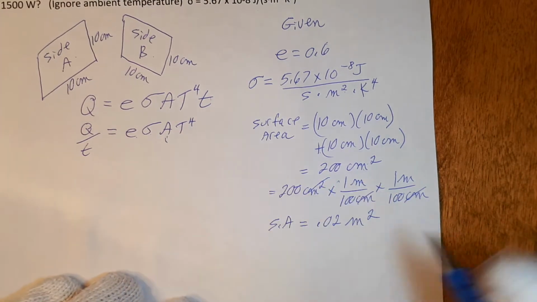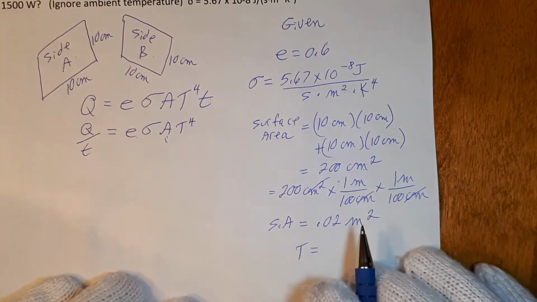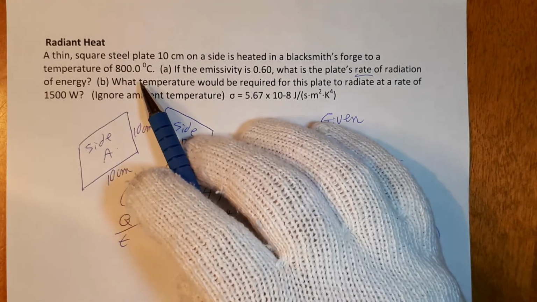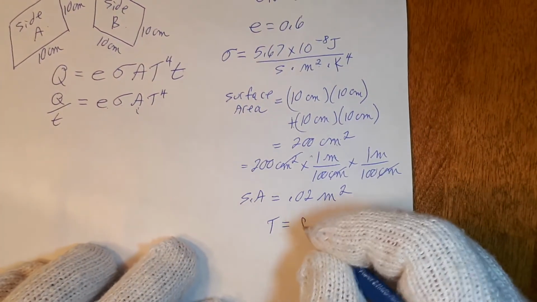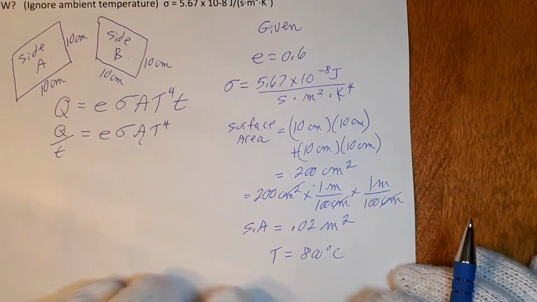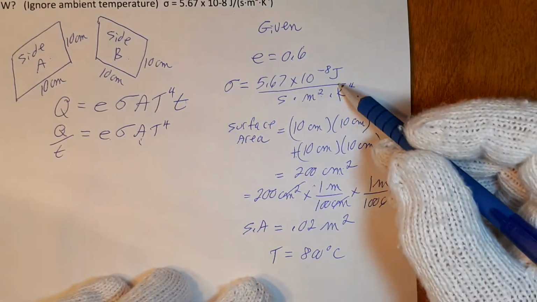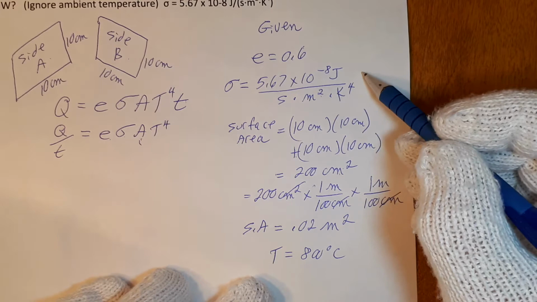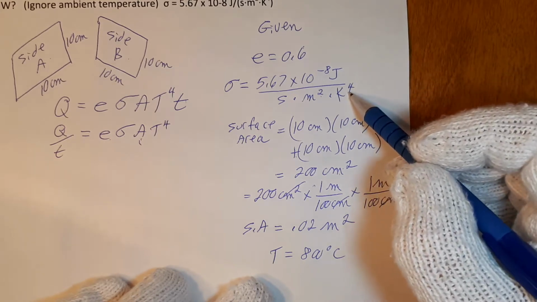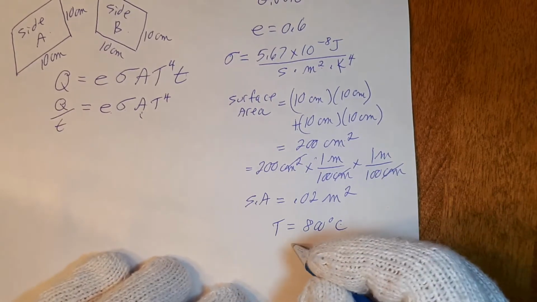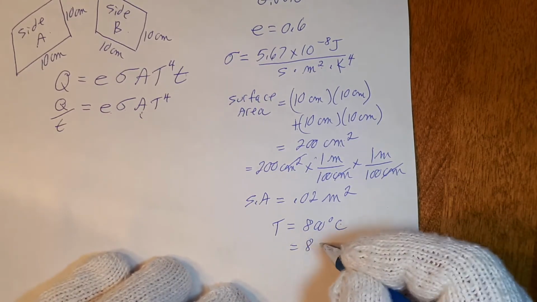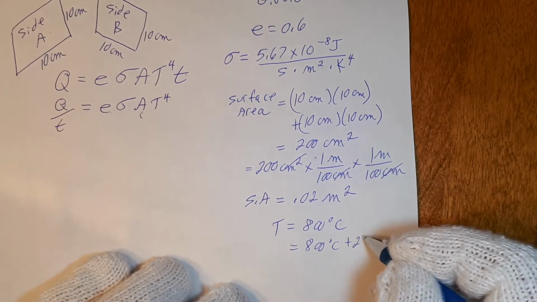Next is the temperature. The temperature given to us in the word problem is 800 Celsius. Going back to the constant, the Stefan Boltzmann constant tells us the temperature needs to be in Kelvin. I need to change this to Kelvin. 800 degrees Celsius plus 273.